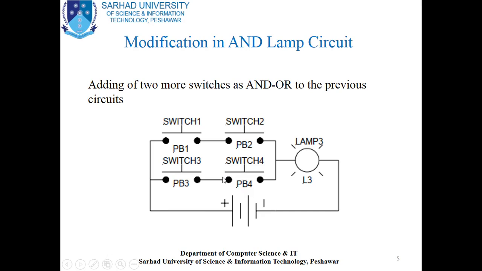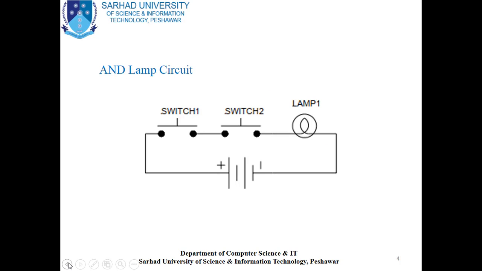Here you can see the modification in the AND lamp circuit. If we do a modification in the previous circuit diagram, if we go back to the previous slide, here you can see two switches, switch 1 and switch 2.